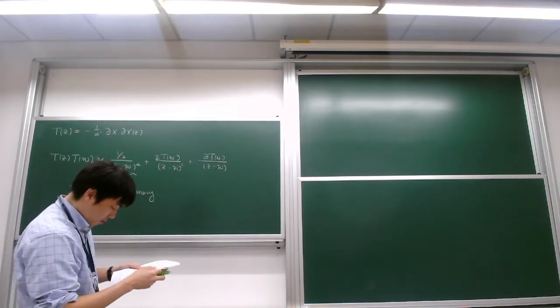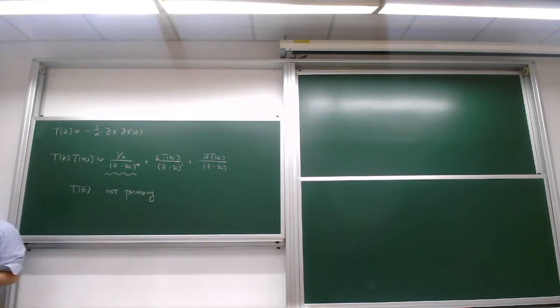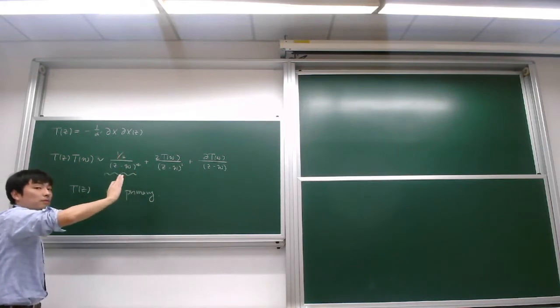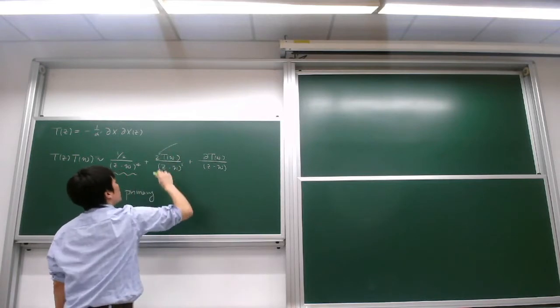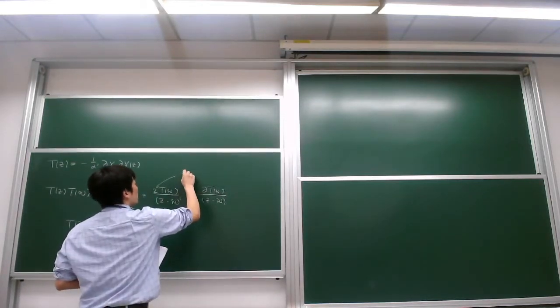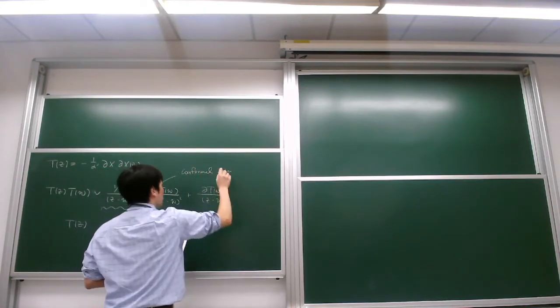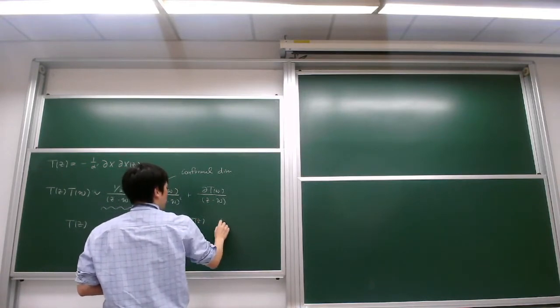Then we'll move on to analyze the basic 2D CFT. Even though, due to the presence of this 1 over z to the 4th term, it's not primary, these terms indeed encode the conformal dimension. Therefore, T(z) has conformal dimension (2, 0).